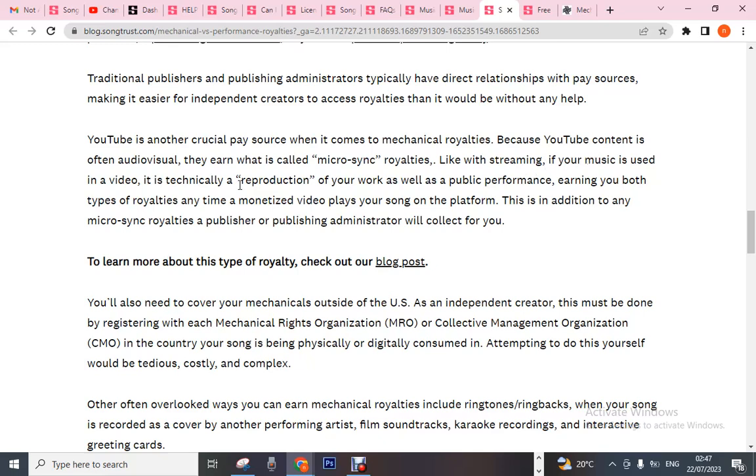If your music is used in a video, it is technically a reproduction of your work as well as a public performance, earning you both types of royalties anytime a monetized video plays your song on the platform. This is in addition to any micro-synchronization royalties a publisher or a publishing administrator will collect for you. To learn more about this type of royalty, check that blog.